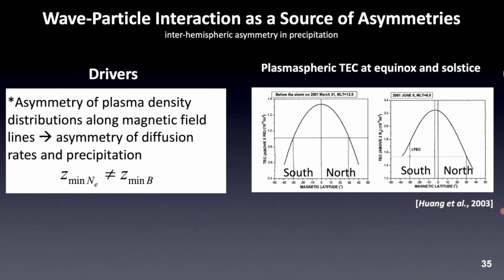This density asymmetry has not been incorporated into the wave-particle interaction models. But this kind of more realistic, asymmetric density distribution is what we can get from global MHD models. So interestingly, we can incorporate these two and get a more realistic diffusion rate and then precipitation rate out of it.